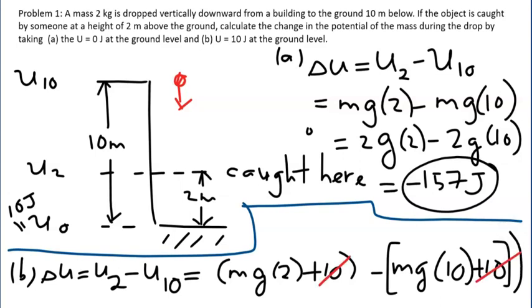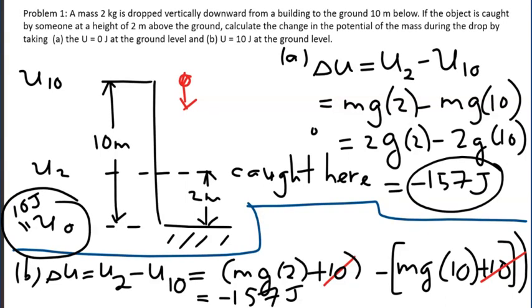So the 10 goes away, and you get the same answer as before, which is minus 157 joules. So this is an example where the change in potential energy is not dependent on what we choose for the energy of the ground level.